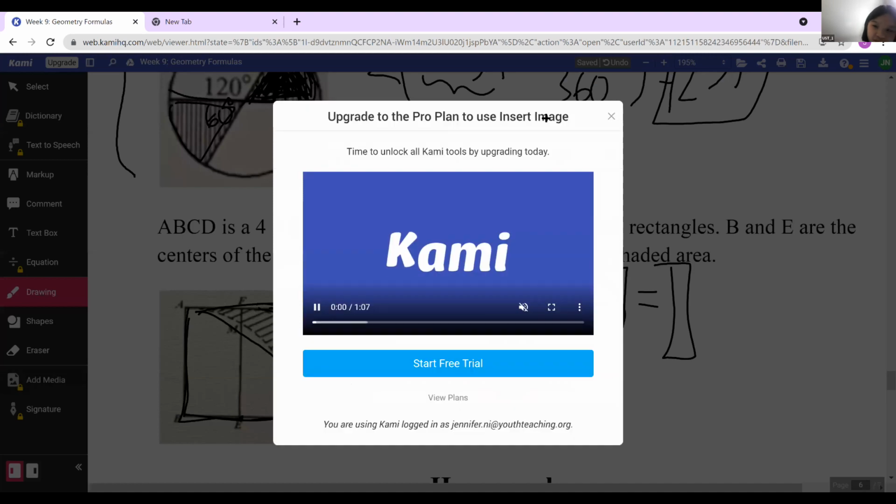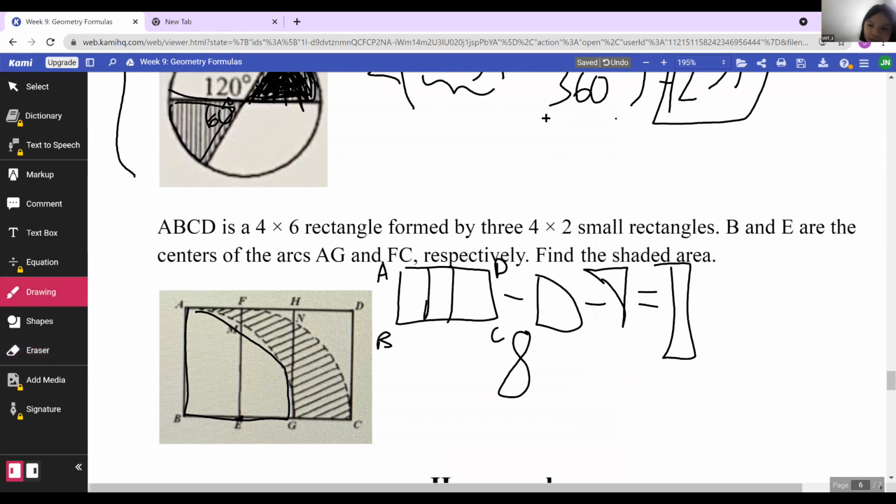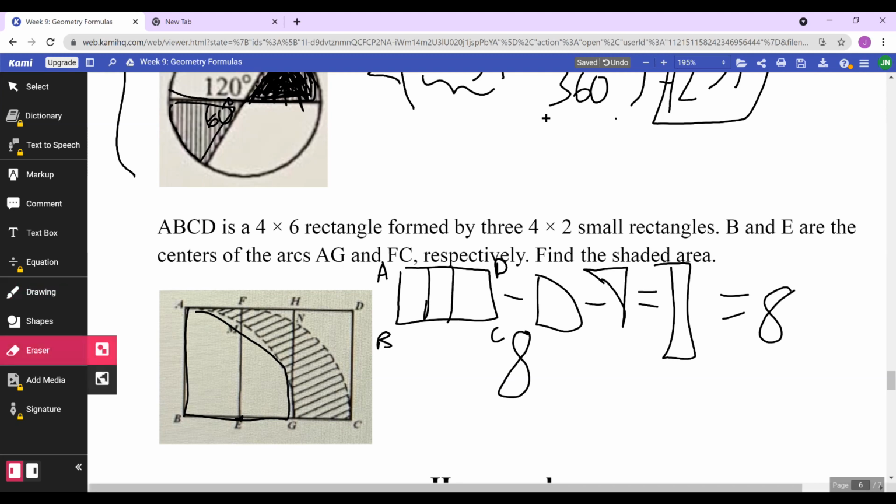So you sort of move the pieces around. Yeah, exactly. The first thing I did was move the first 2 rectangles and the shaded part so then it's equal to one rectangle. So then I just did 4 times 2.